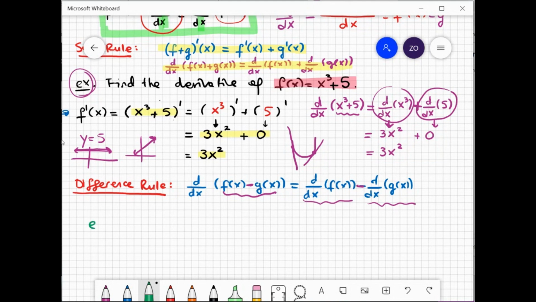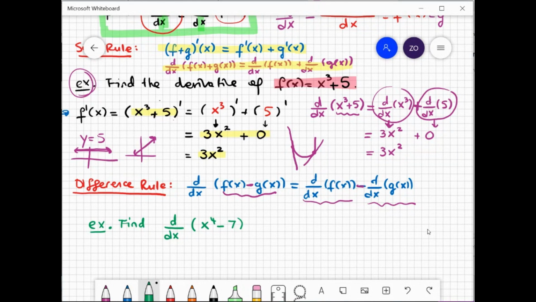A very simple and very intuitive rule, like we had before. Let's find the derivative d over dx of x to the fourth minus 7.